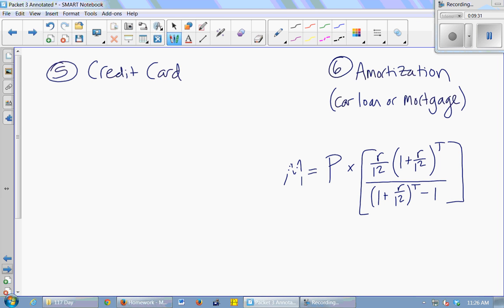The only thing you have to be careful with here is the order of operations and plugging it into your calculator. But you'll know when to use this formula because the question will be talking about a loan with regular monthly payments.